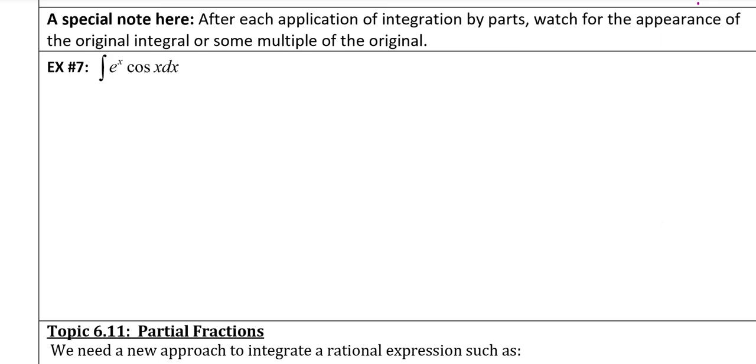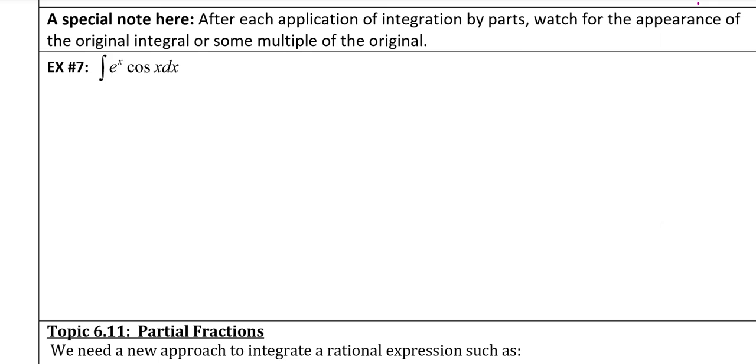You're never going to get to 0 if you choose that as u. And cosine x is a derivative that goes back and forth between cosine and sine. So at some point, you're going to end up, hopefully, with your original integration, and then there's a little trick you do with that. Okay, so let's set up our table here.